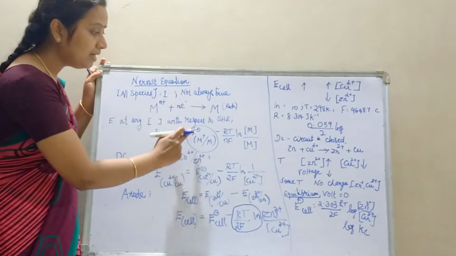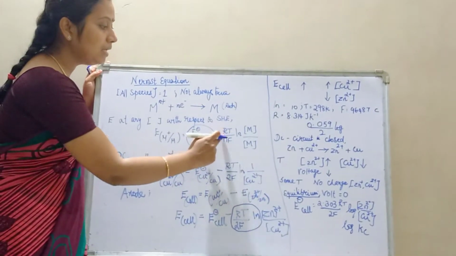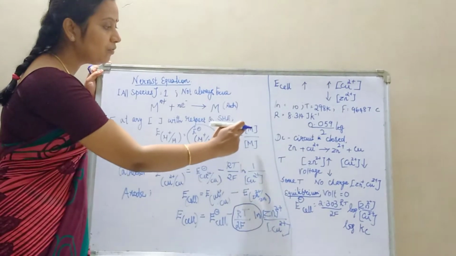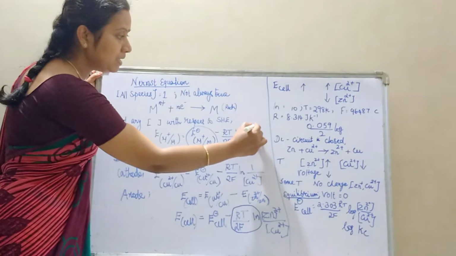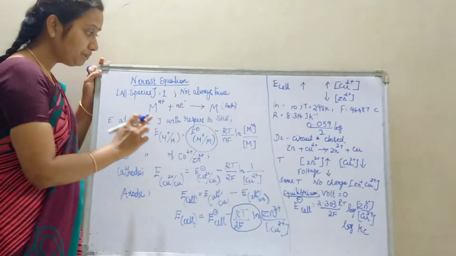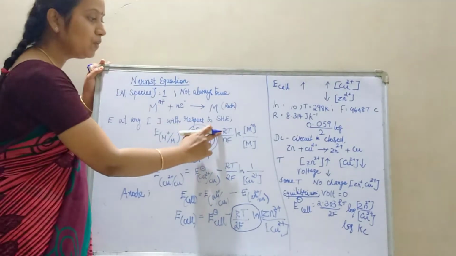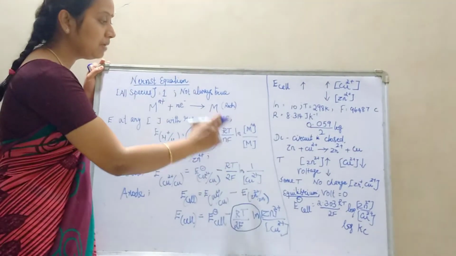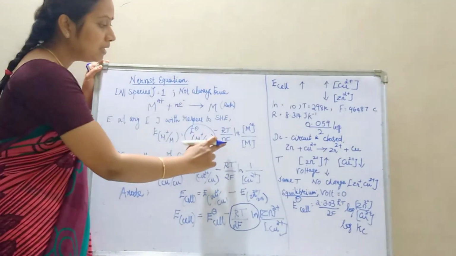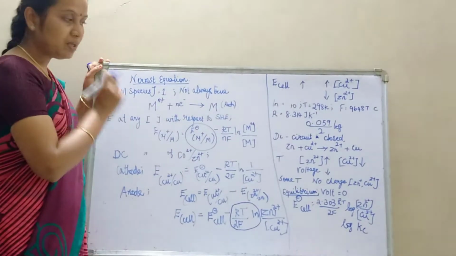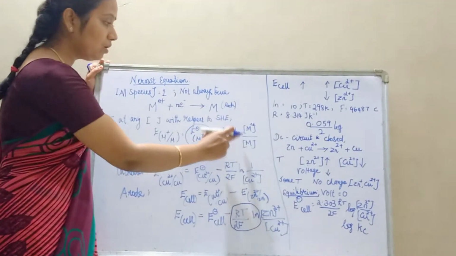E equals the standard electrode potential E° minus RT by nF log of the concentration of M by M^n+. What is this R? R is the universal gas constant. T is the temperature, which is 298 Kelvin. n is the number of electrons involved. F is Faraday's constant. And this is a log.